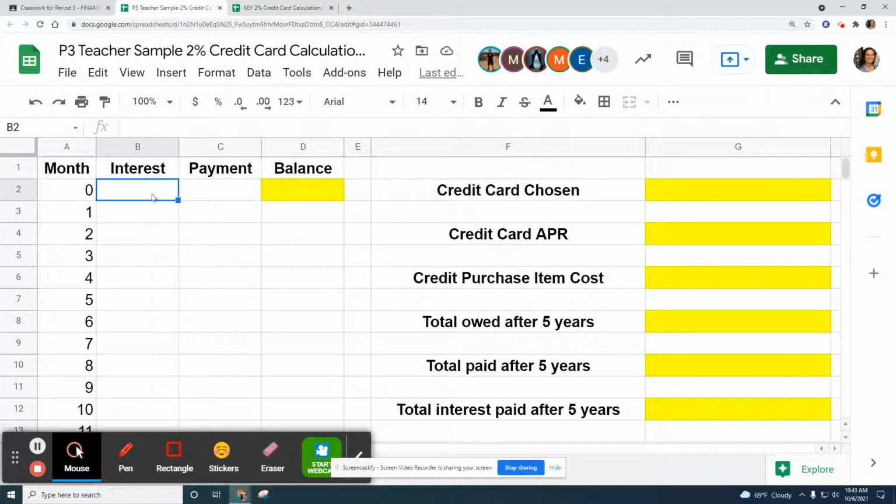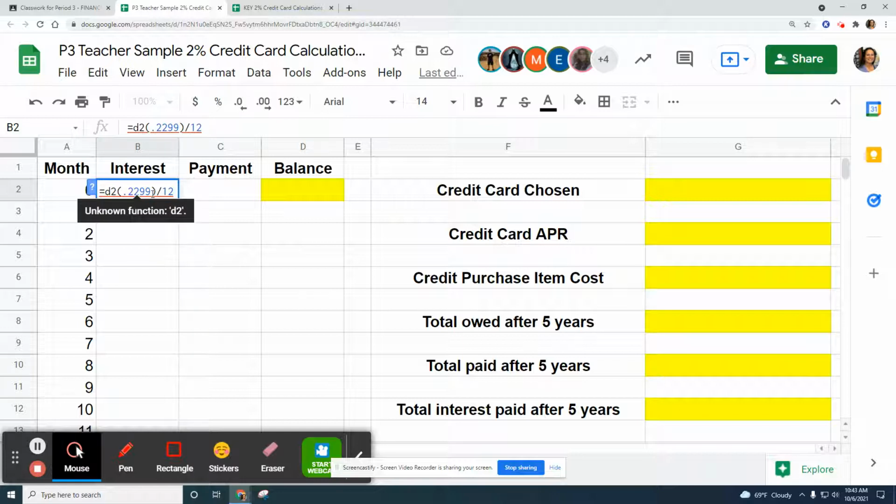Here we go typing. I'm in box B2, equals D2 times your rate. Now your rate's going to be different than everybody else. What's my rate? 0.2299 divided by 12.